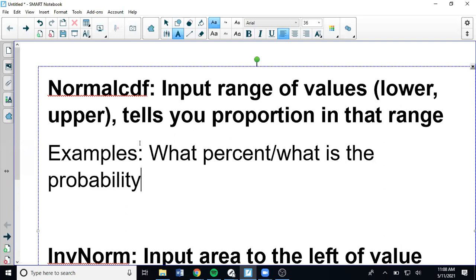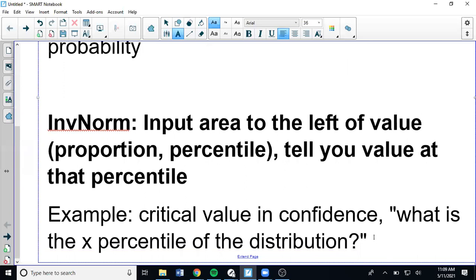We know the percentages because the percentile for Q3 is the 75th, and the percentile for Q1 is the 25th. So we know those percentiles and we're trying to get out values. So another place that inverse norm gets used is IQR.